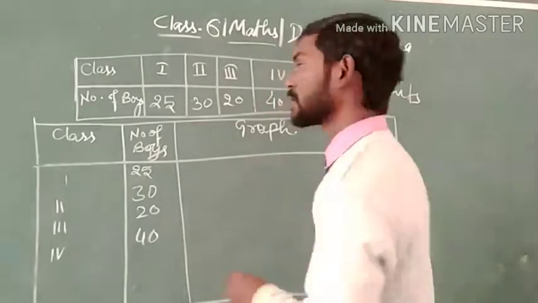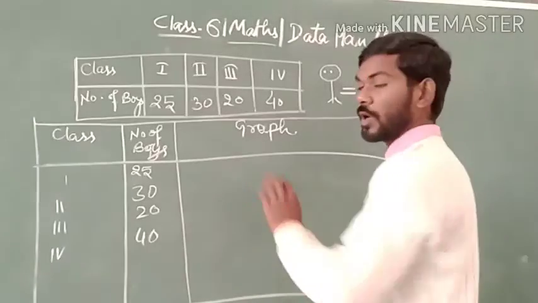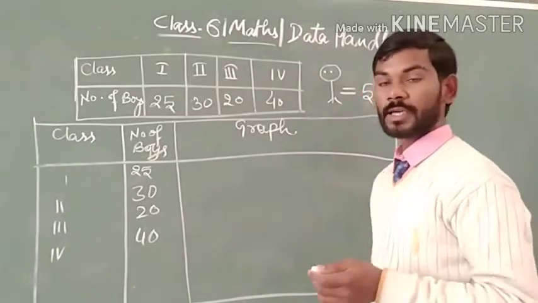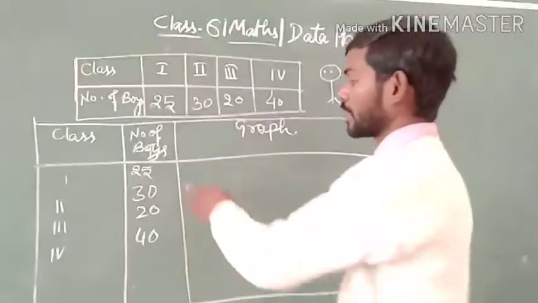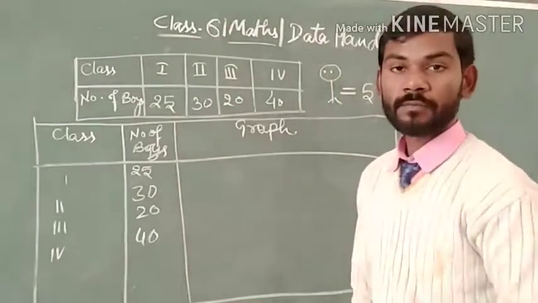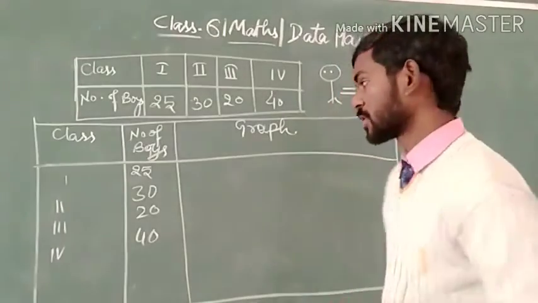Since one figure is equal to 5 units and the overall unit is 25, we need only 5 such figures.